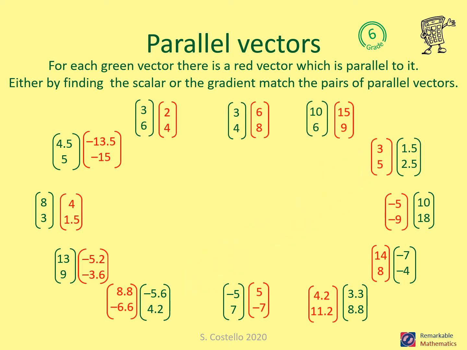So there they are, all in pairs of parallel vectors. So whichever way you worked it out, whether you recognise them as being scalars or you worked out the gradient, hopefully you got all of them right. Again, if you didn't get these right, go back through them until you can understand them.